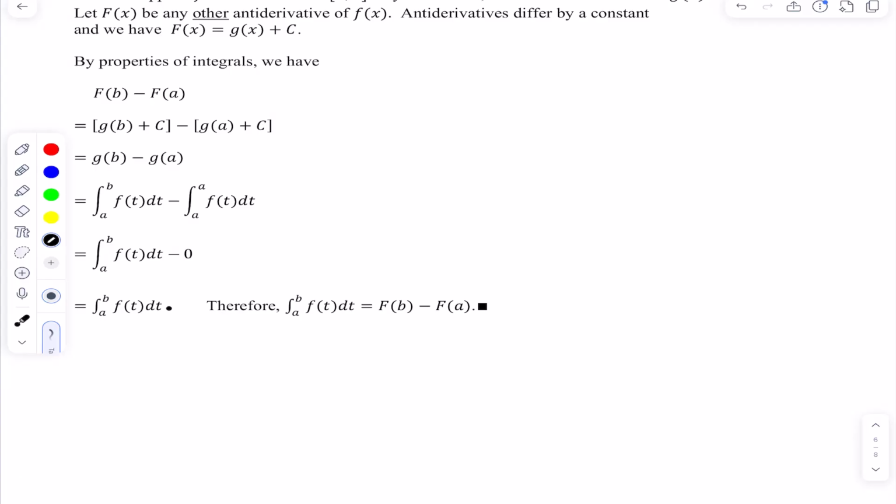By the transitive property of equality, we know that F of b minus F of a is equal to this definite integral. Equality is symmetric, so we could write the definite integral is now equal to the difference of these accumulation values.